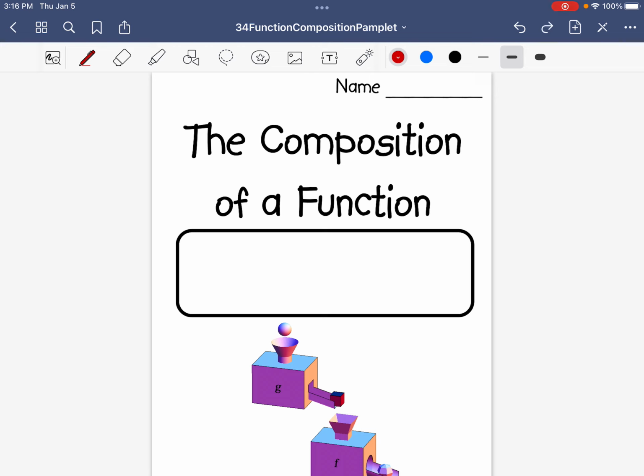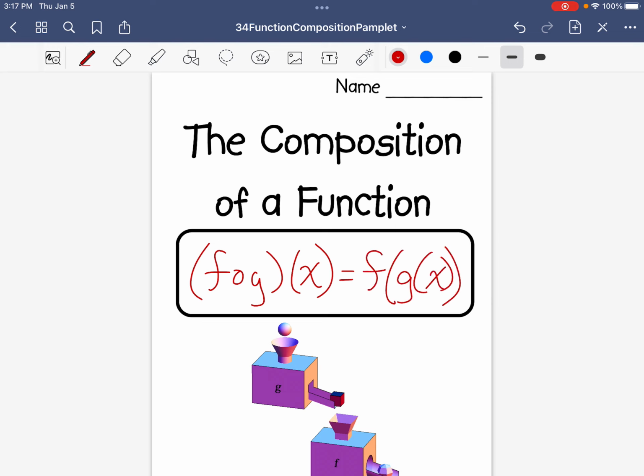The notation for function composition is going to be this symbol, f of g. This O that we have right here stands for "of." So we have f of g of x, which is the same as f of g of x.